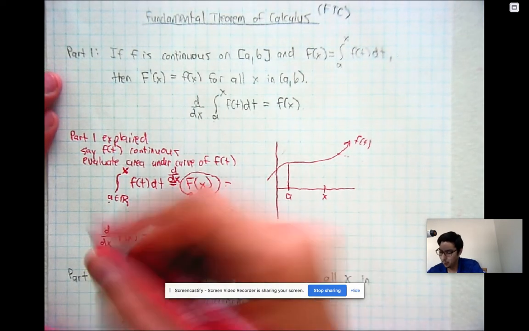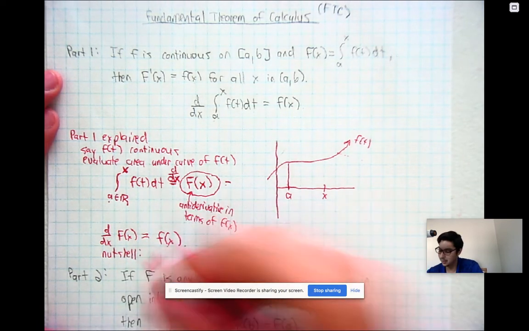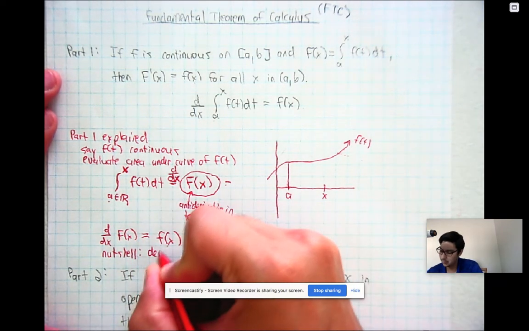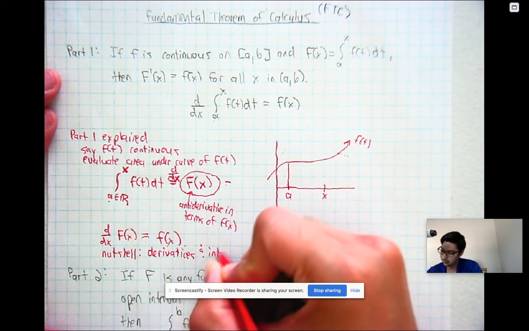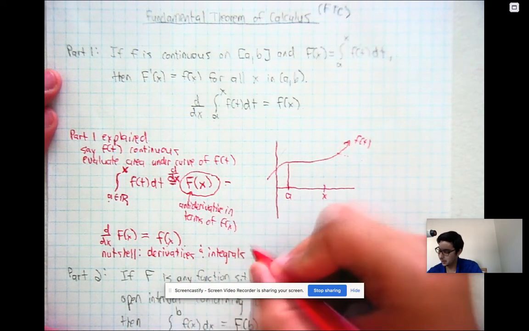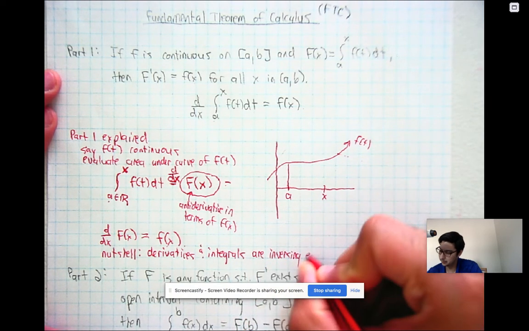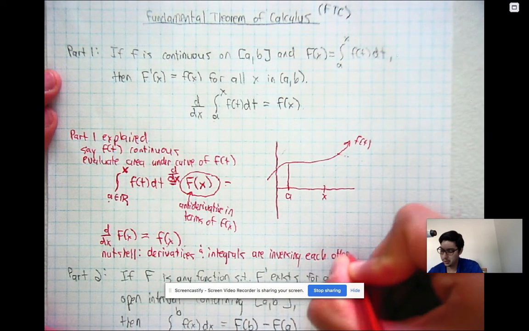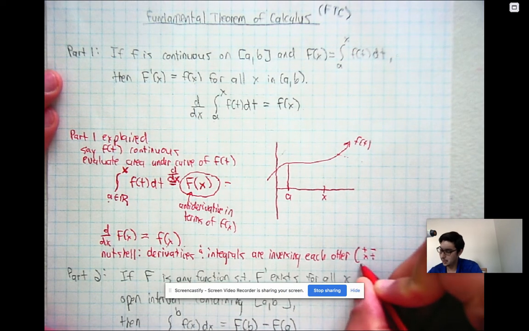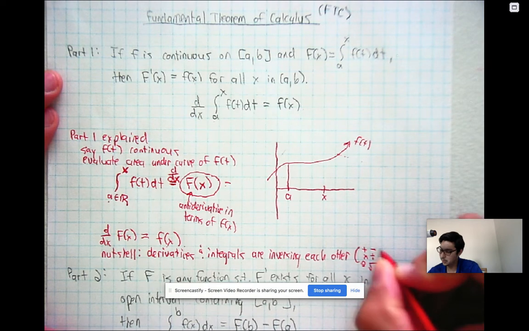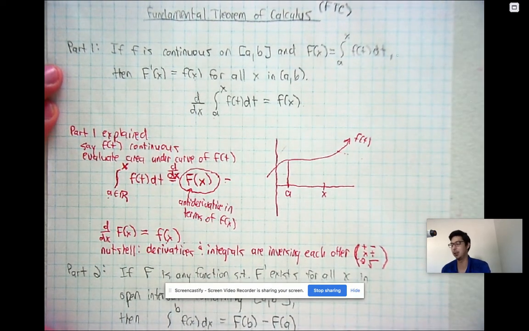So in a nutshell, it's just telling us that derivatives and integrals are inverses of each other. Just like addition and subtraction, multiplication, division, powers and roots are inverses of each other, derivatives and integrals are inverses of each other.